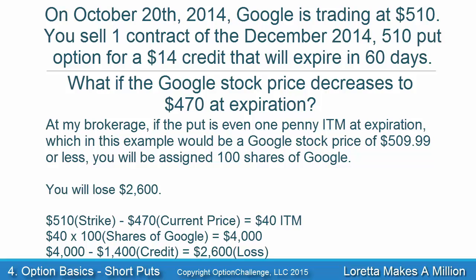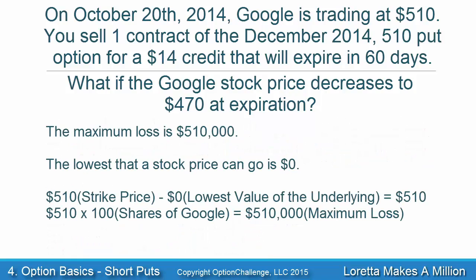That would equal $40. $40 times 100 units of the underlying would equal $4,000. You then subtract the $1,400 credit that you received when you sold the put from the $4,000. That would give you a loss of $2,600.